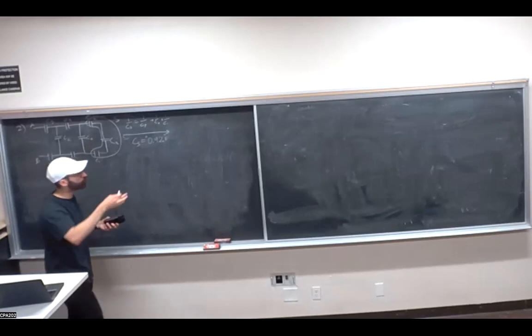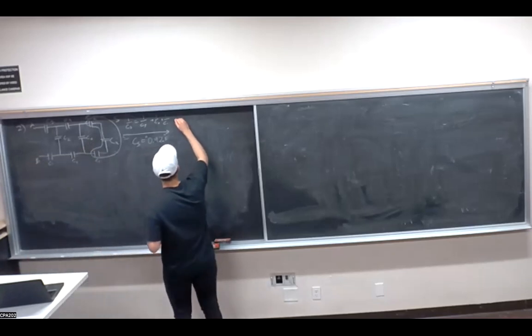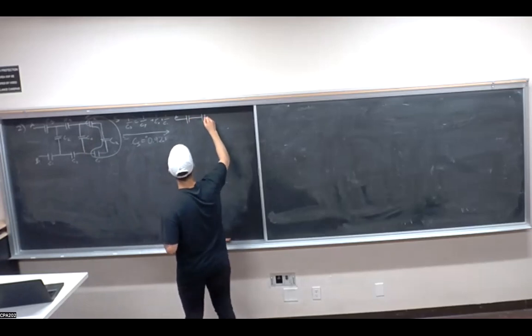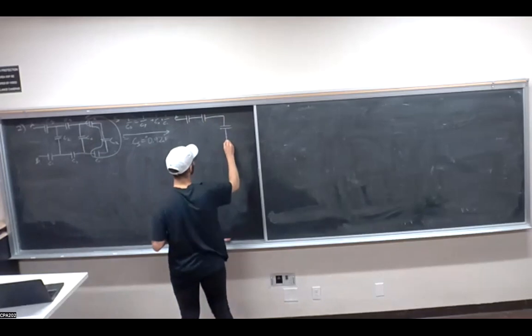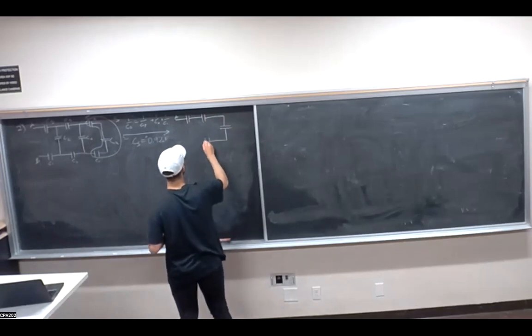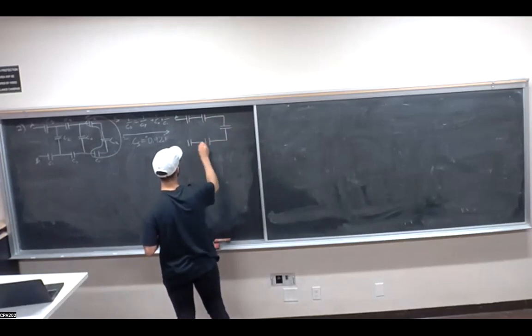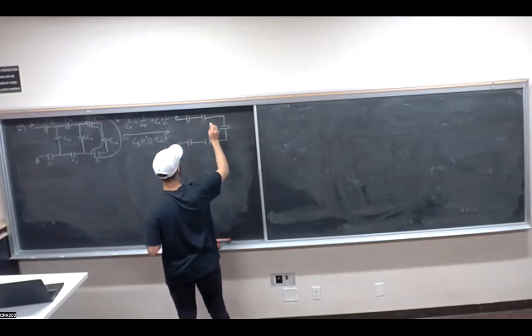So we then redraw the diagram. We have this A position here, we have the capacitor, another capacitor, one here, another capacitor. I think there's one between. I missed one.